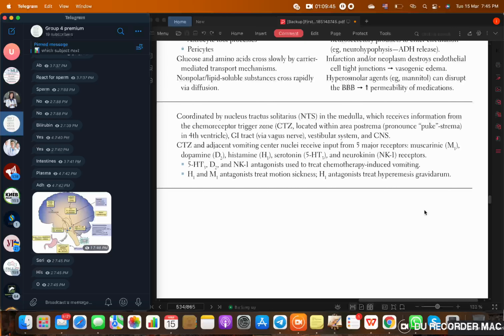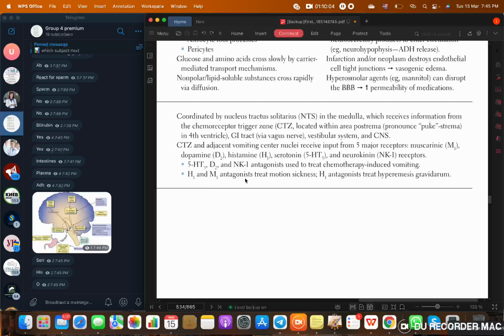Serotonin. Serotonin is the most important. Why? Because of the destruction of the intestine. So serotonin, dopamine, and neurokinin antagonists are used to treat chemotherapy-induced vomiting. The most important one is serotonin. Remember, it binds to the serotonin 3 receptor.